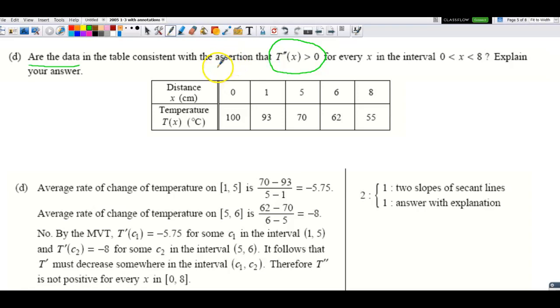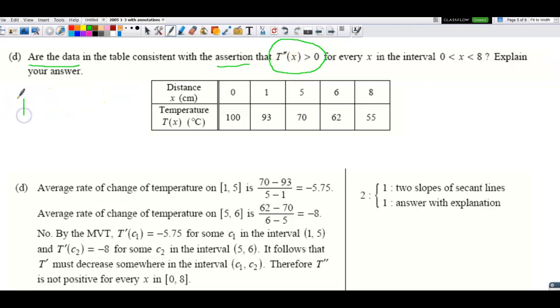Okay, so someone thinks the assertion, the conjecture, is that the second derivative is always positive. Can you either affirm or refute this assertion based on what you see here? Now let's talk about the second derivative being positive from the All About Me sheet. There are two things we can take away from that.